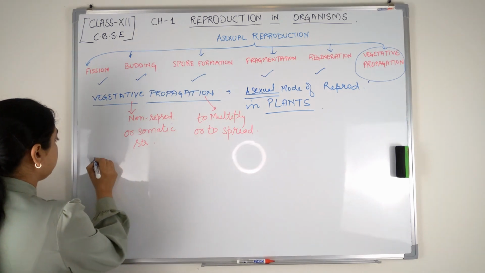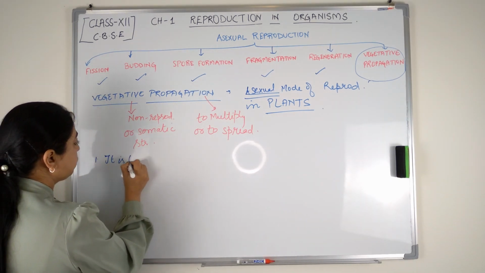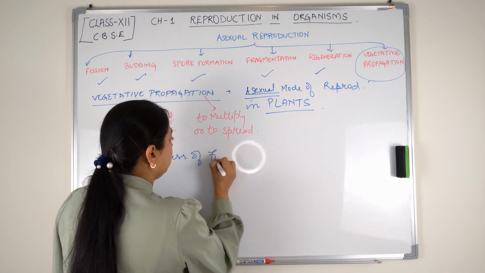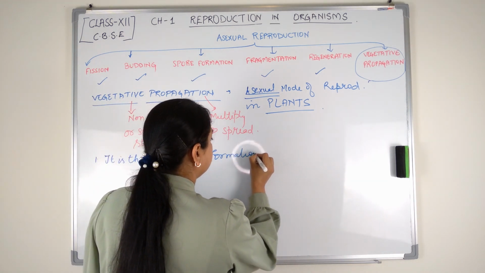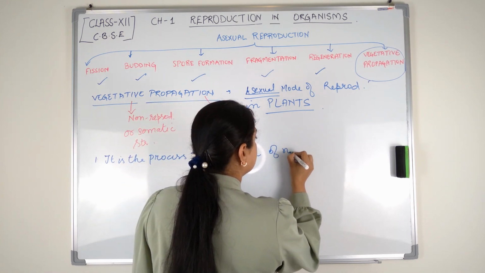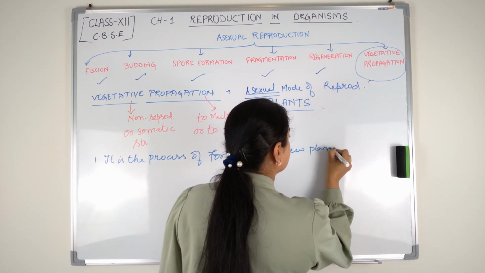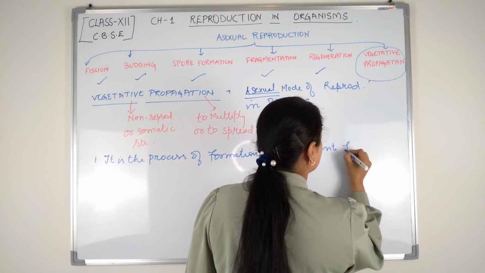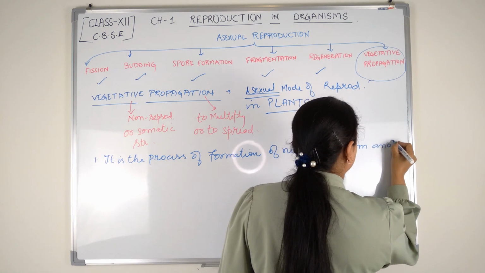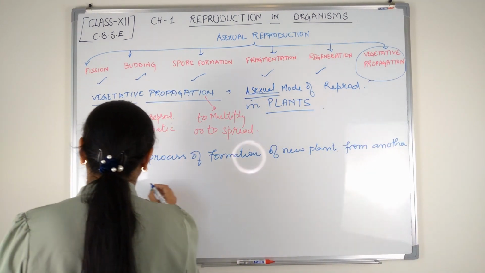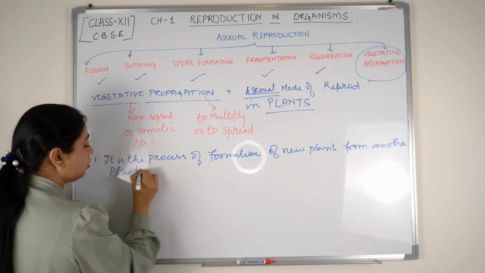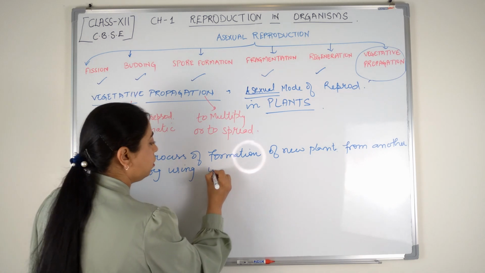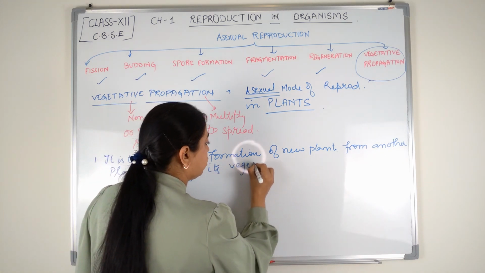So it is the process of formation of a new plant from another plant by using its vegetative structures.